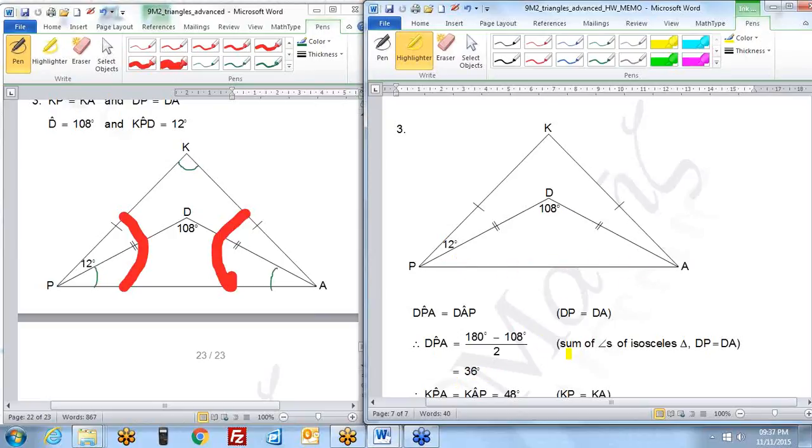Then you get 36 degrees. With your reason, the angles of an isosceles triangle are equal, so DP equals DA, that's your main reason.